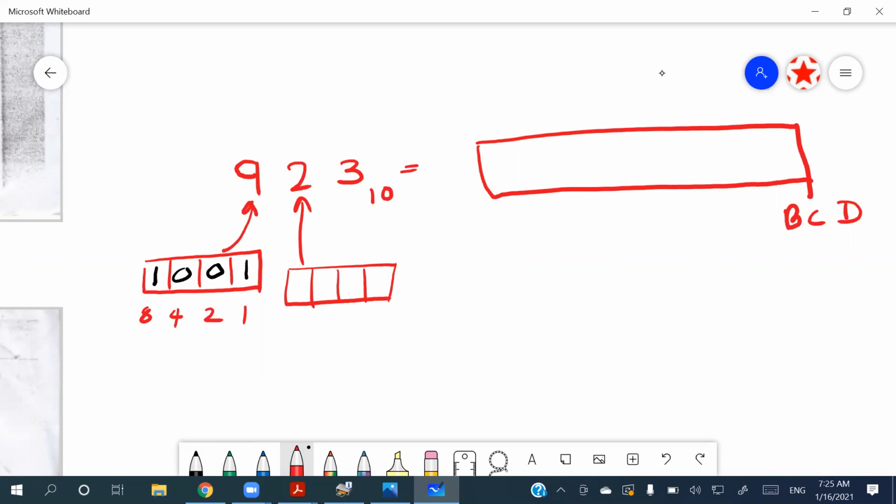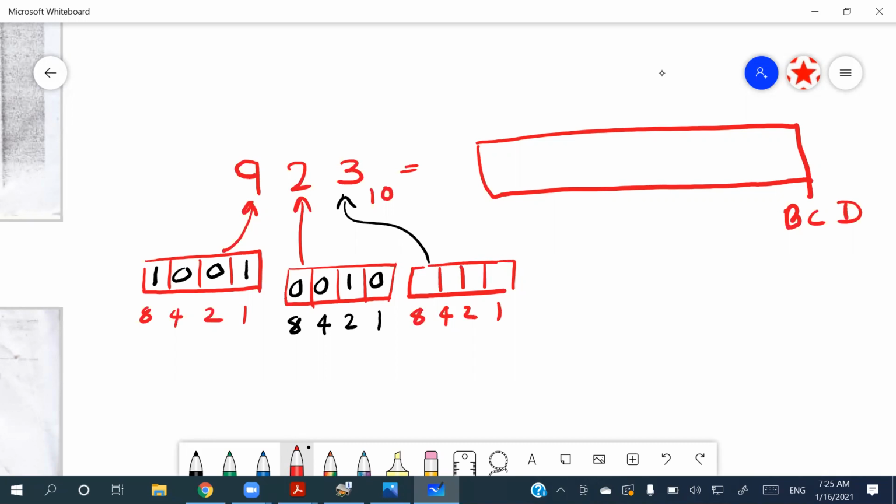So when it comes to 2, with the place values 1, 2, 4, 8, here you are going to have 1, others are 0. If it is 3, then you use 1, 2, 4, 8 as the place values, so 3 is going to be 1, 1, and 0, 0.